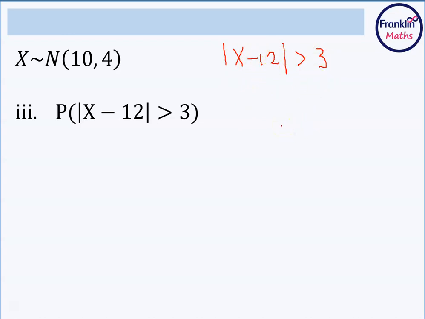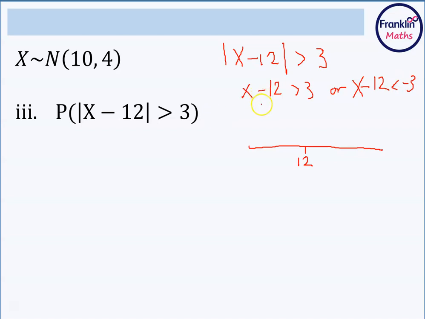So if I draw a quick number line, there is my number line. I would have 12 in the center, and I want to know which numbers are 3 away. So all we're going to do is break this up into two separate inequalities. X minus 12 is greater than 3, or X minus 12 is less than minus 3.